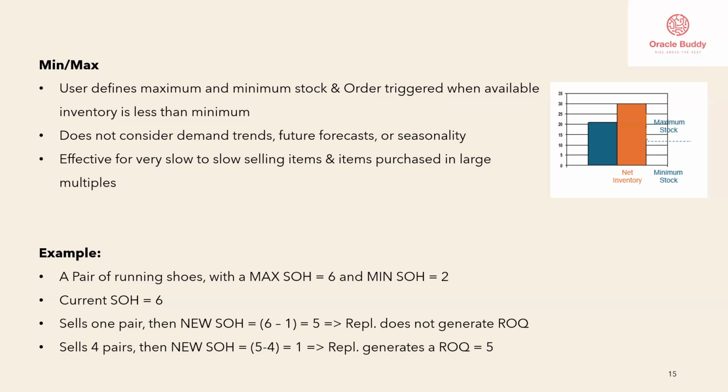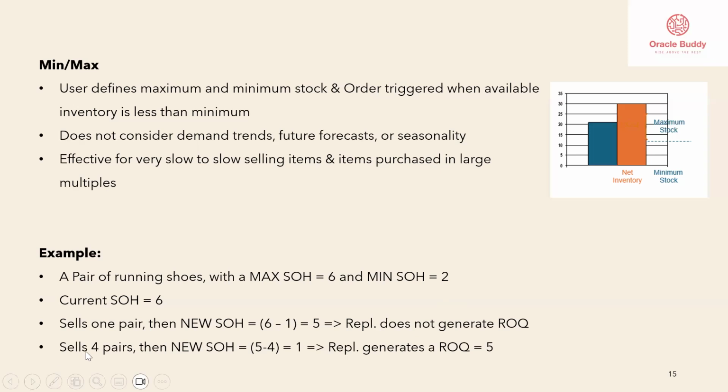Sells one pair, the new stock on hand is 6 minus 1, that is 5. So replenishment will not generate the ROQ because the order is triggered only when available inventory is less than the minimum. Our minimum is 2 and maximum is 6, so until the stock on hand is less than 2, it will not create the ROQ.